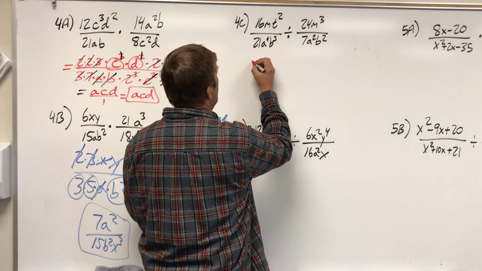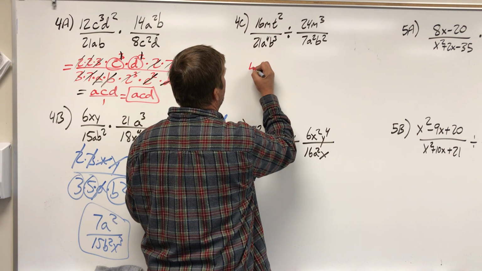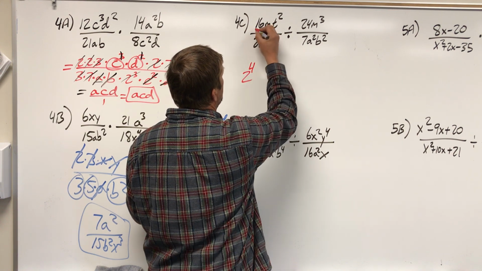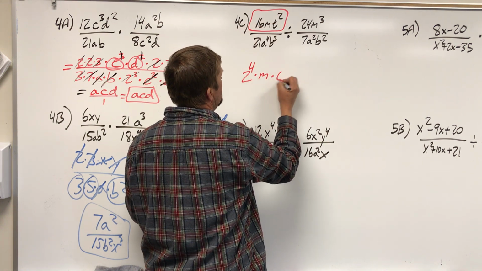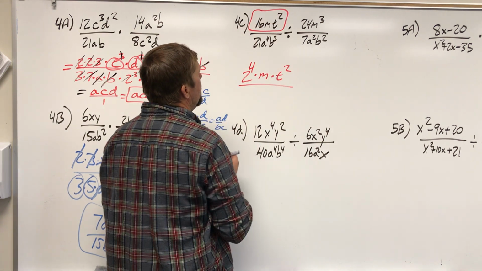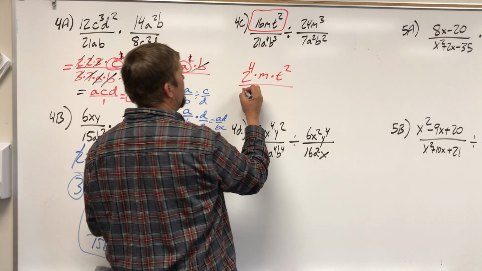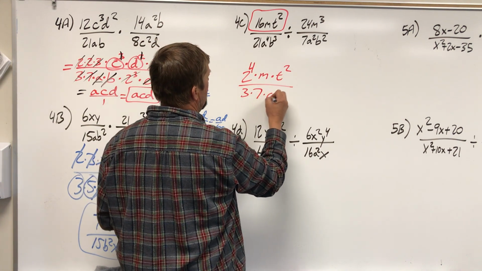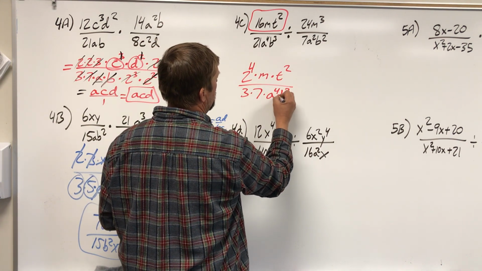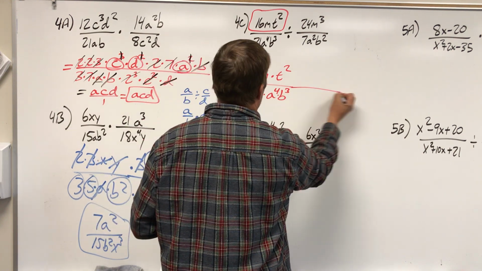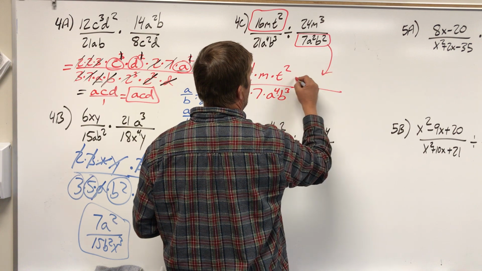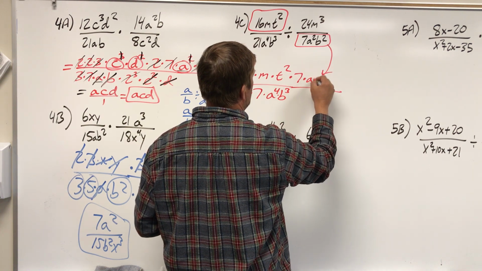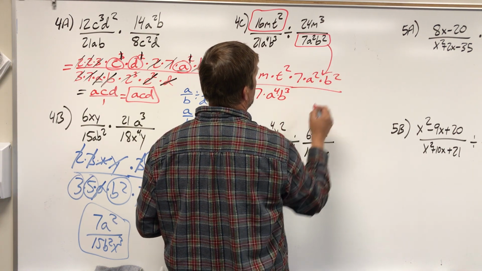Okay, so here I have, let's see, 2 to the 4th for the top. So I'm factoring this one. I've got an m and a t squared. The bottom, I have a 3, a 7, an a to the 4th, and a b cubed. This one goes to the top, so I have a 7, an a squared, and a b squared.